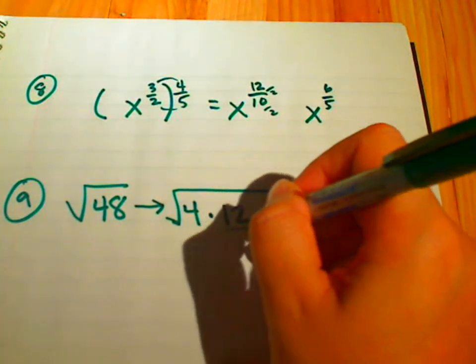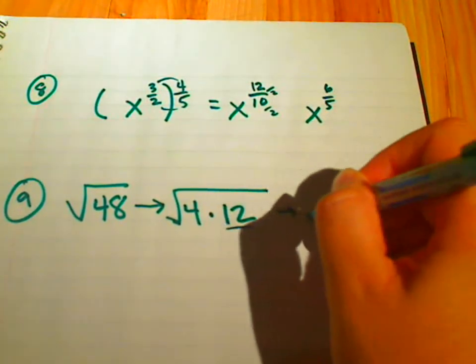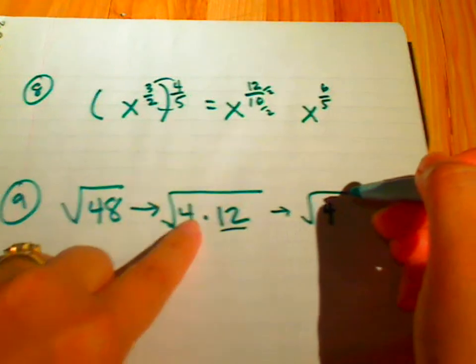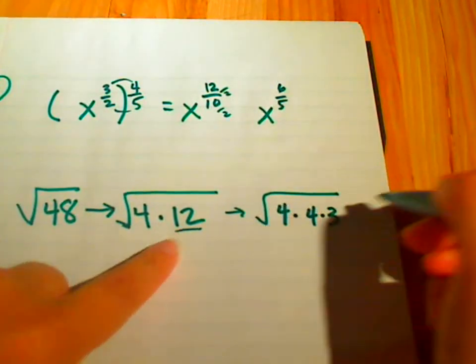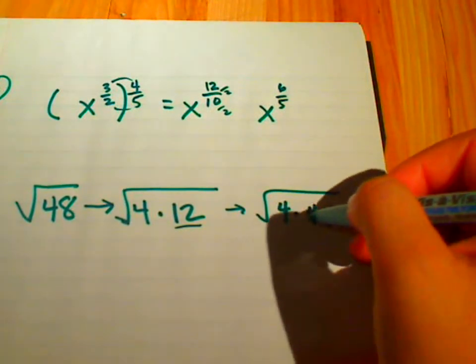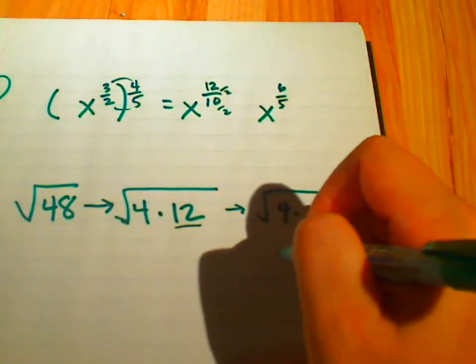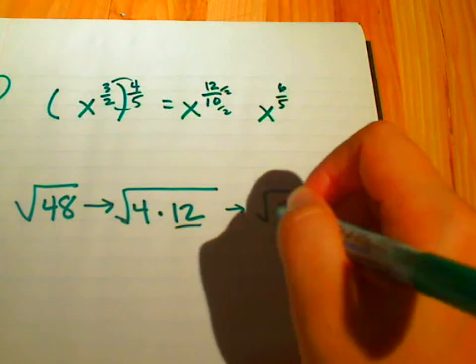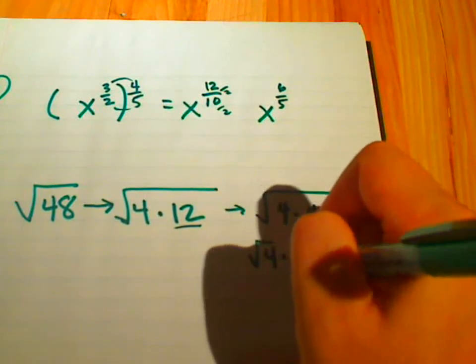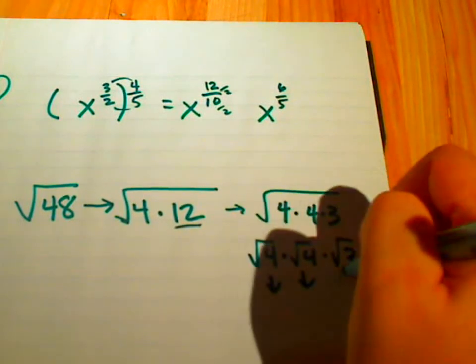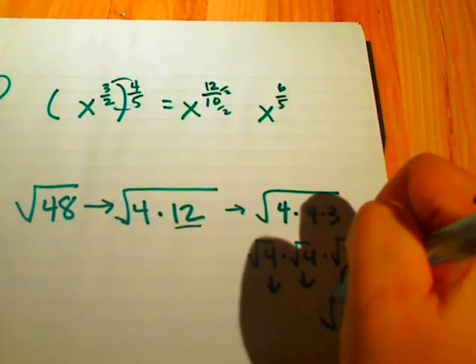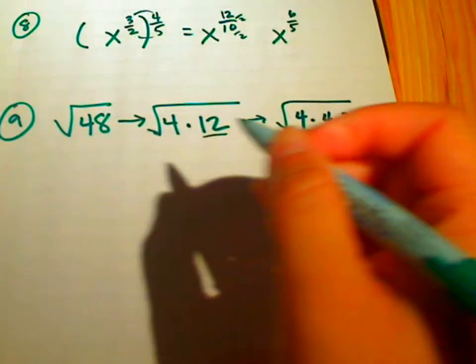Now the other thing I can do is split up the 12, so I'm going to rewrite this as 4 from this times, for my 12, 4 times 3. I'm looking for perfect numbers so that when I square root them, I'm going to have square root of 4 times square root of 4 times square root of 3. And these become nice whole numbers, and that stays the same.